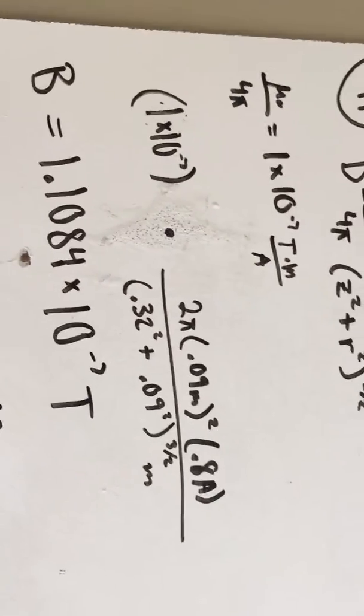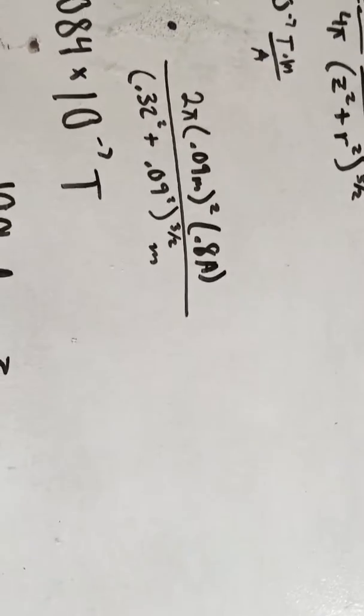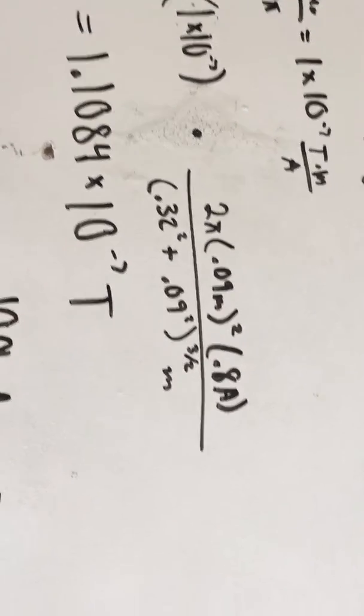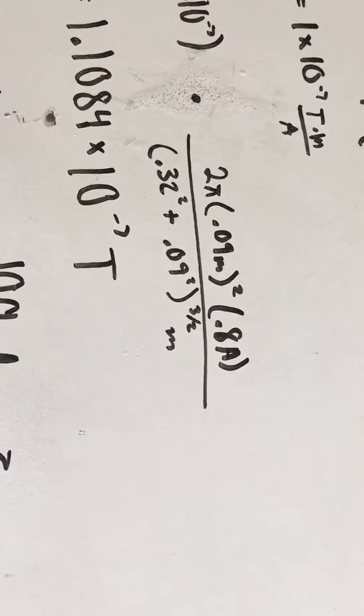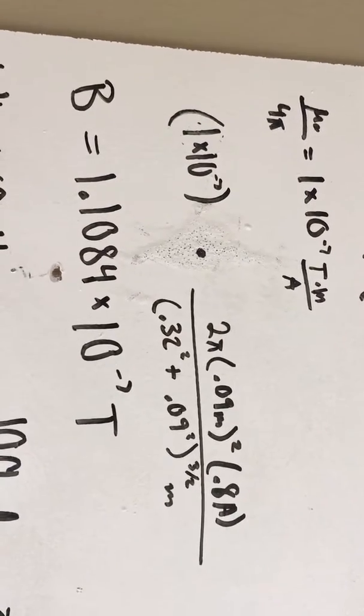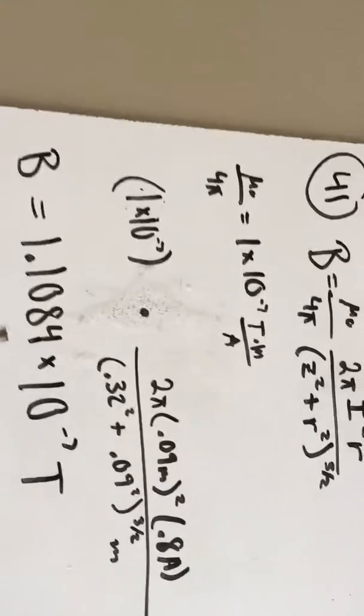I then plug that in, and I get 1 times 10 to the negative 7th times 2 pi times 0.09 meters squared times 0.8 amps, over 0.32 squared plus 0.09 squared to the 3/2 power, giving me an answer of 1.1084 times 10 to the negative 7th tesla for my magnetic field.